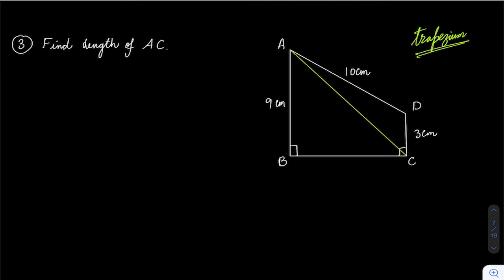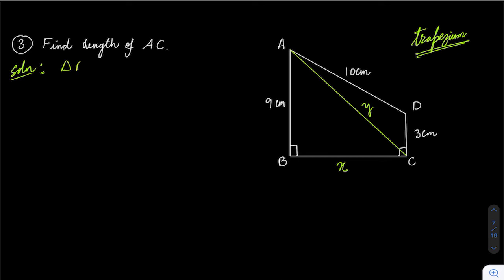Okay, next thing. Now, to find AC, I can see that in triangle ABC, let's take BC as X and let's take AC as Y. So in triangle ABC, because it's a right angle triangle, I can use my Pythagoras theorem.